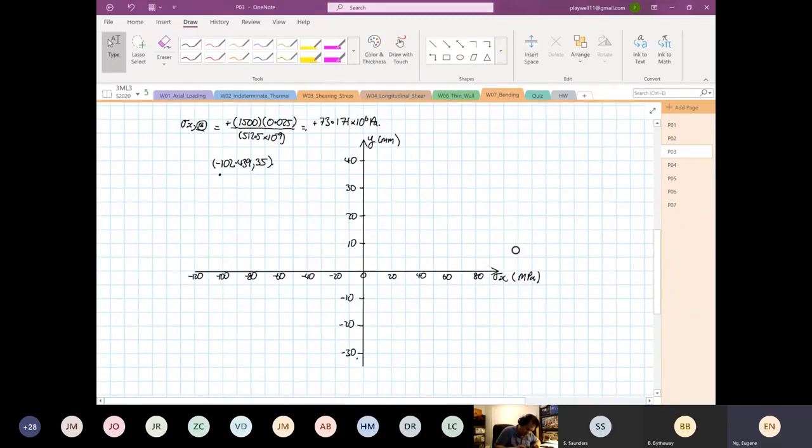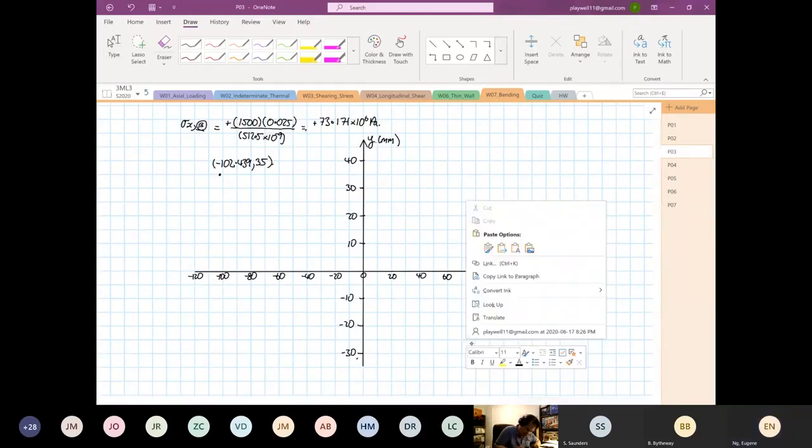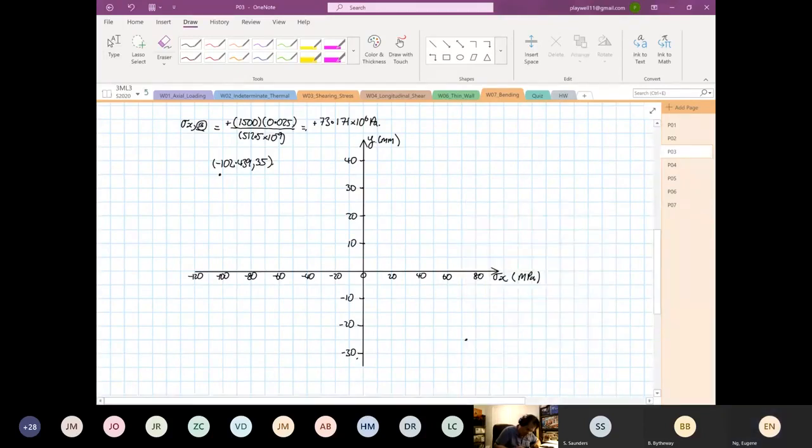As I say, I'm eyeballing this. So now we can draw a straight line. Yeah, the eyeball is good now. So this is how your stress will distribute.